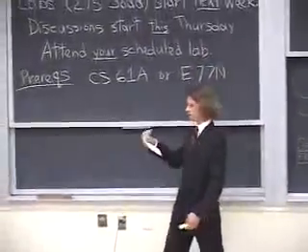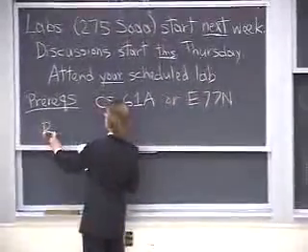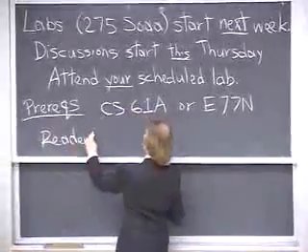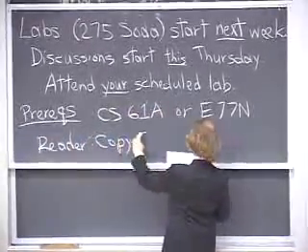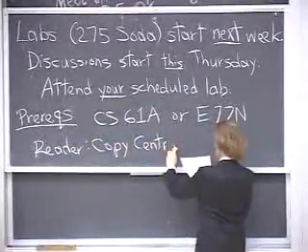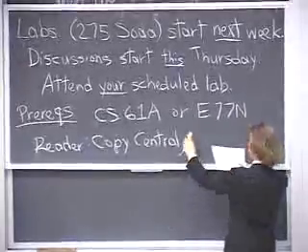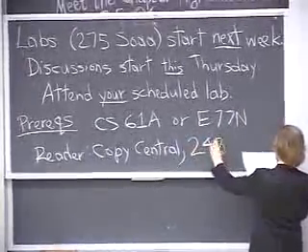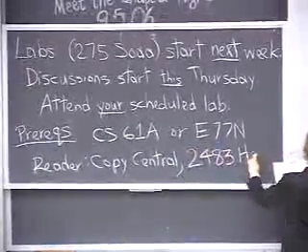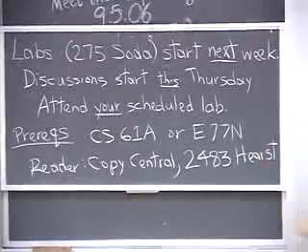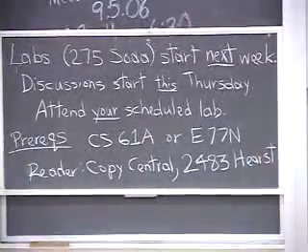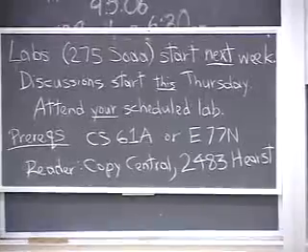And the reader is available in Copy Central. One location only, as far as I know, the one on Hearst Avenue. And that's a block from Soda Hall where your labs are, so you're going to be heading that direction often enough anyway.